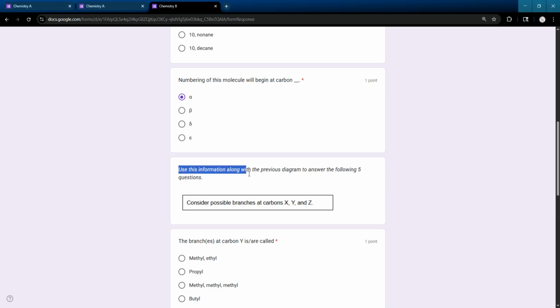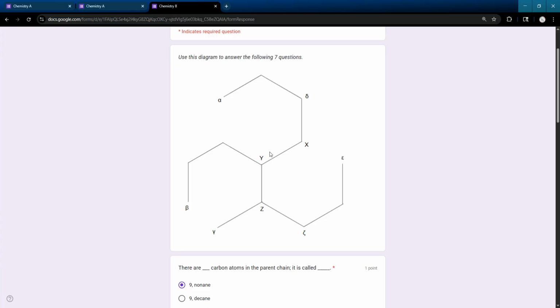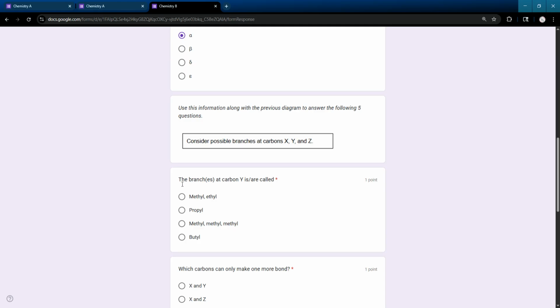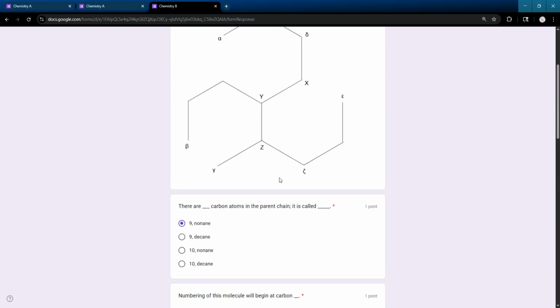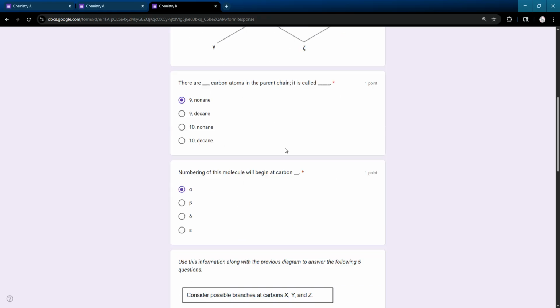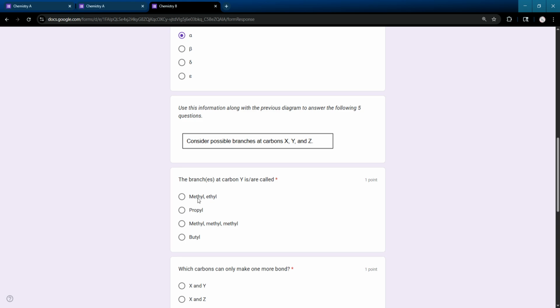Use this information along with the previous diagram to answer the following 5 questions. Consider possible branches at carbon X, Y, and Z. X, Y, and Z. Okay. Carbon Y. Interesting, it goes everywhere.